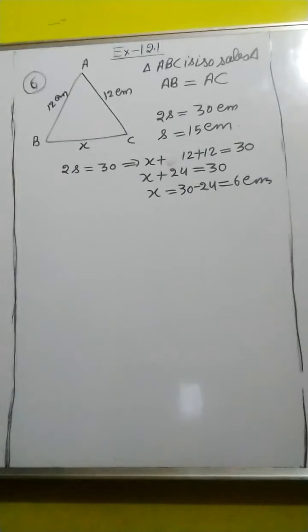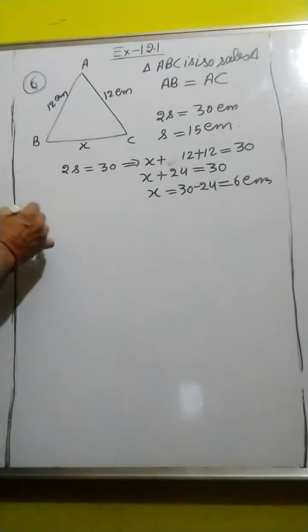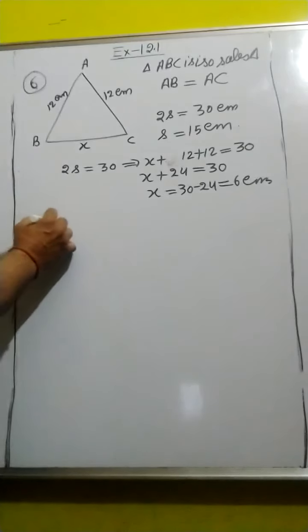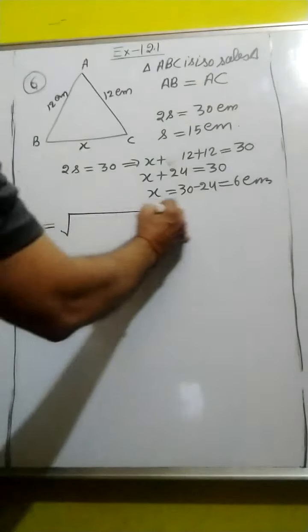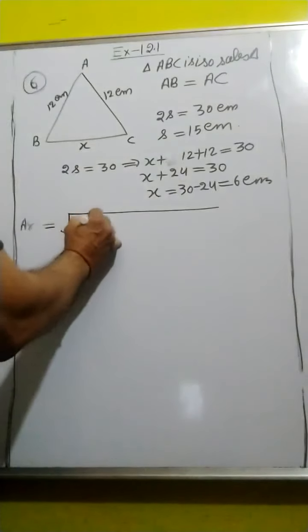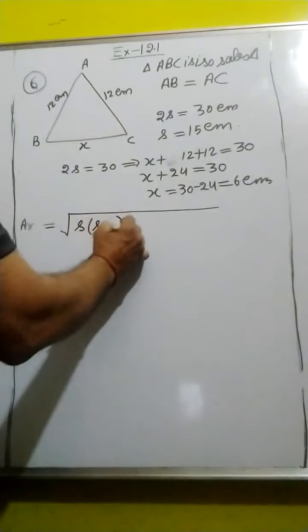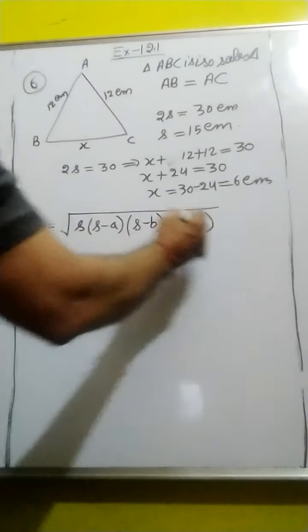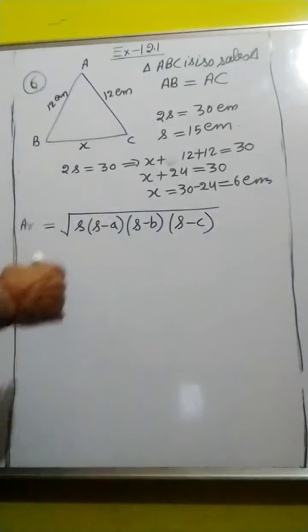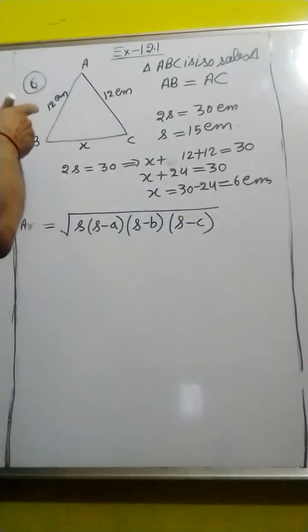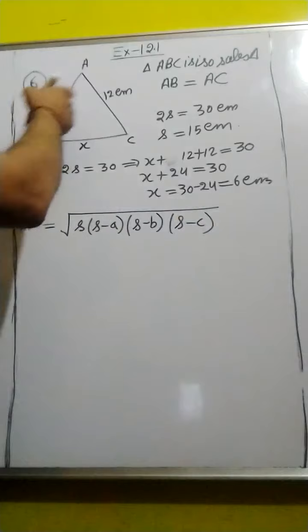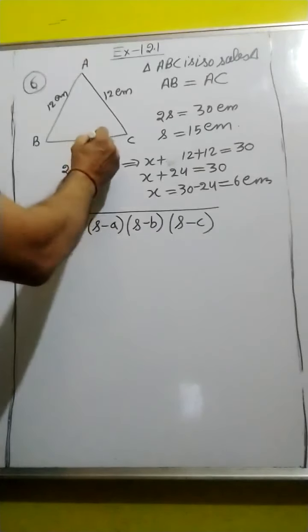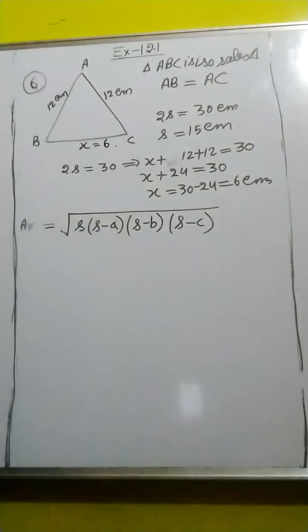Now we have to find the area of this triangle. So area of the triangle will be under root s into s minus a, s minus b, s minus c. Now the values of the sides are 12, 12 and 6 centimeter.